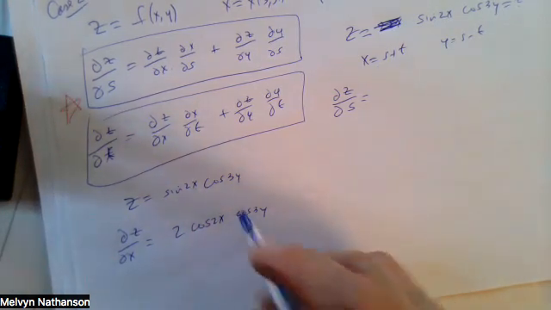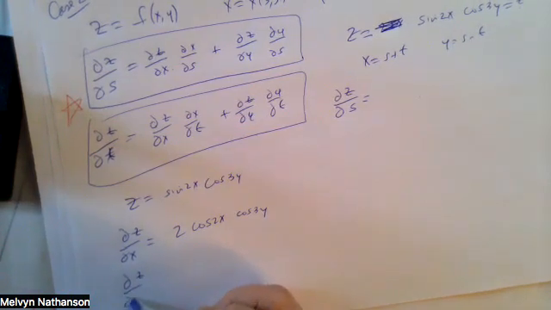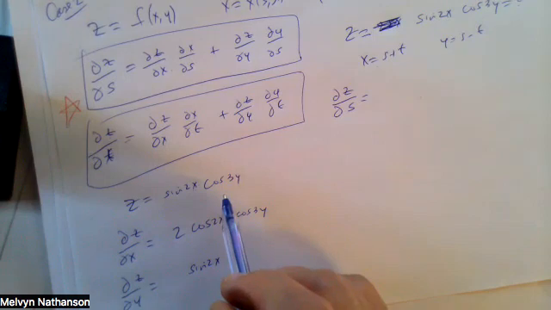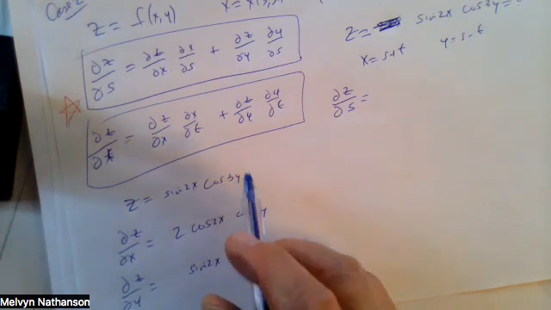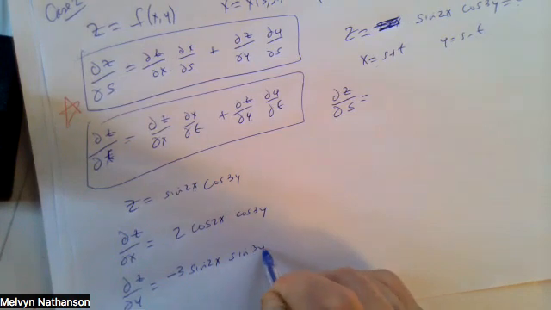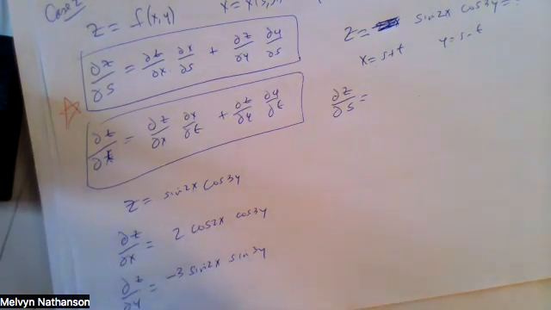That's the partial of z with respect to x. The partial of z with respect to y, sine 2x is a constant. The derivative of cosine 3y is minus 3 sine of 3y. So that's what these partial derivatives are.